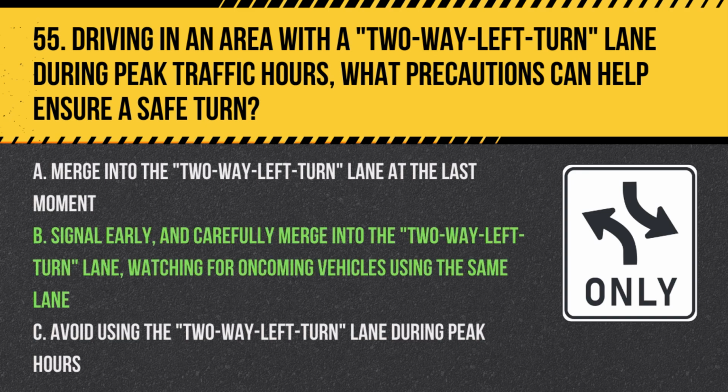Answer. B. Signal early and carefully merge into the two-way left turn lane, watching for oncoming vehicles using the same lane. Early signaling and cautious merging are key precautions for safely using a two-way left turn lane, especially during times of heavy traffic, ensuring that both you and oncoming drivers can navigate the turn safely.